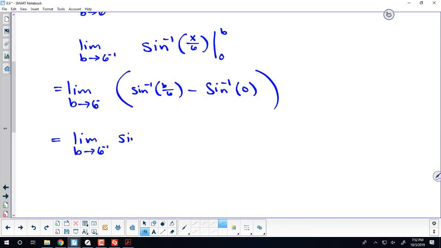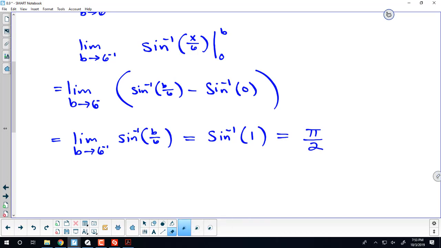So that's approaching the inverse sine of 1. The sine of what angle is 1? Pi over 2, so inverse sine of 1 is pi over 2. Again, we get another finite integral, or another finite area.